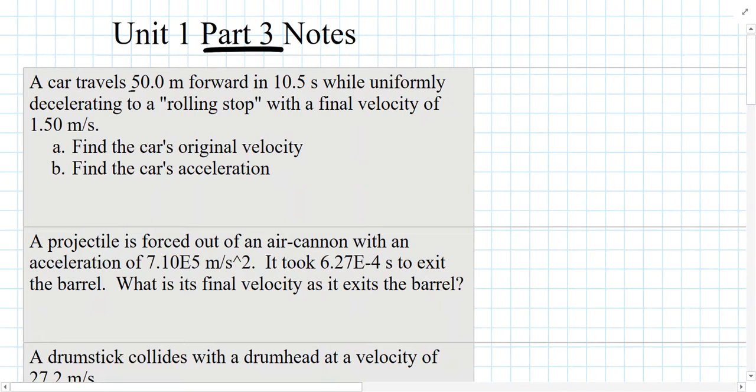Car travels 50 meters forward in 10.5 seconds while uniformly decelerating to a rolling stop with a final velocity of 1.5 meters per second. So the car did not come to a complete stop, but they almost stopped. They slowed down dramatically. We need to find the car's original velocity, and then we need to find the car's acceleration.